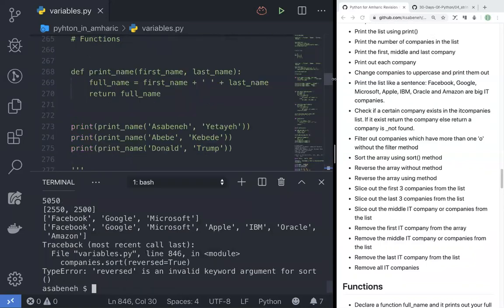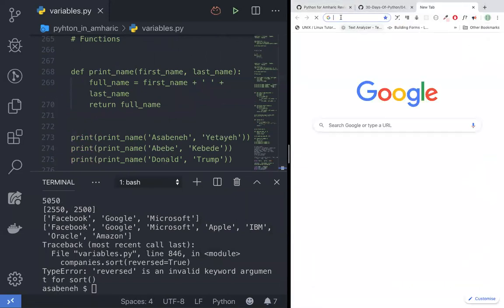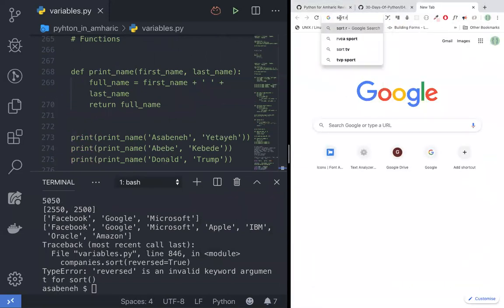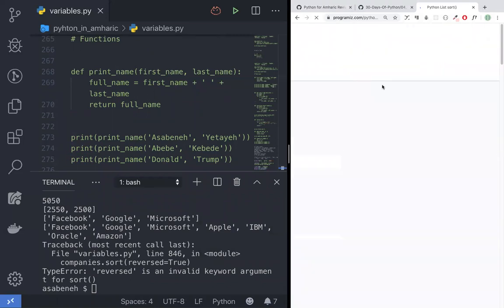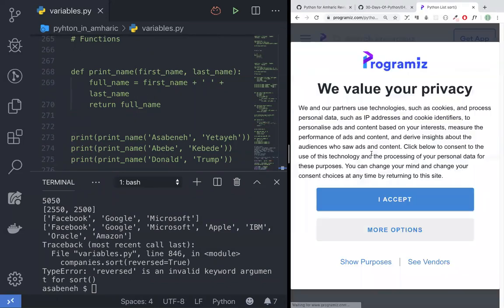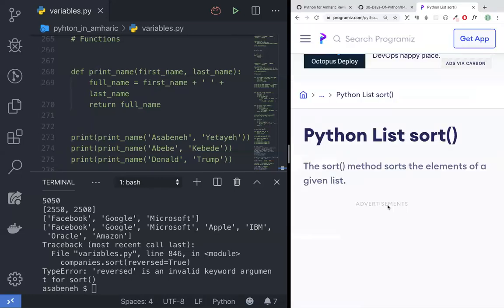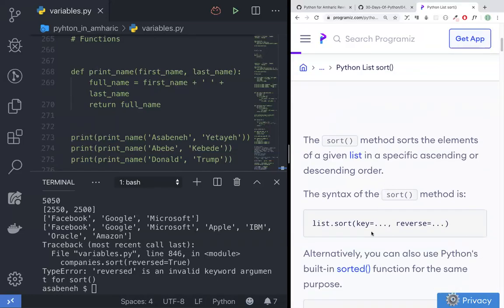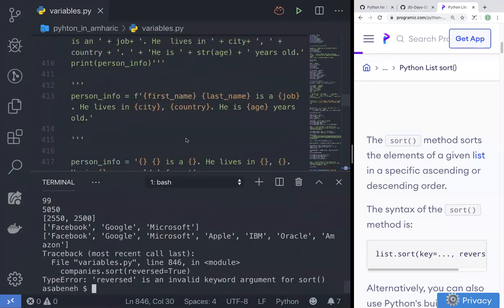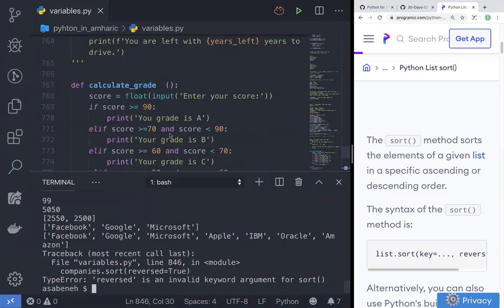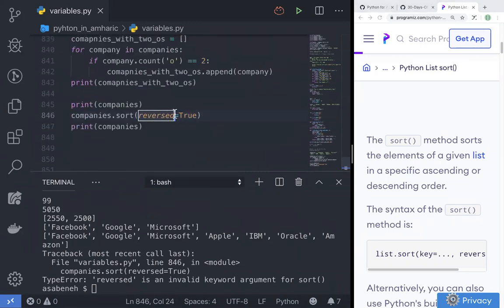Okay, then I have to check. Yeah, sort reversed. Because I'm in Python, you have to be good at googling also. I may have some syntax wrong. I can accept reverse, not reversed, maybe. Reverse.